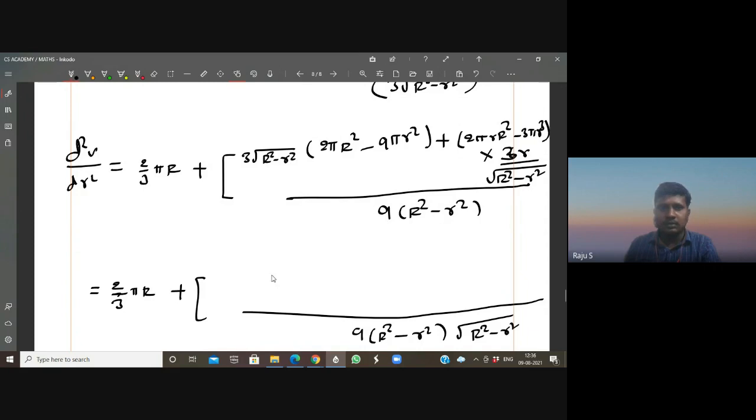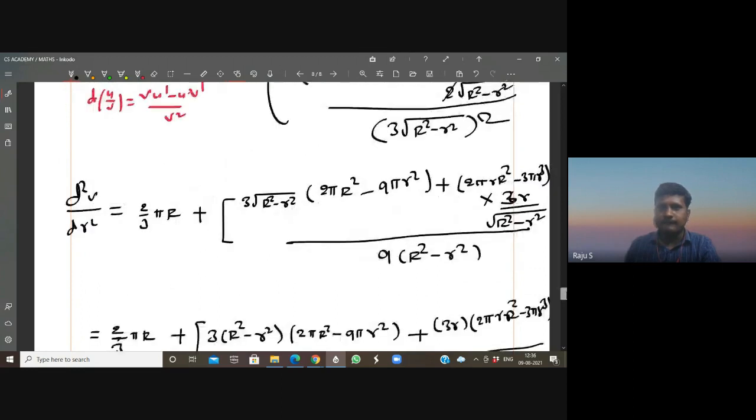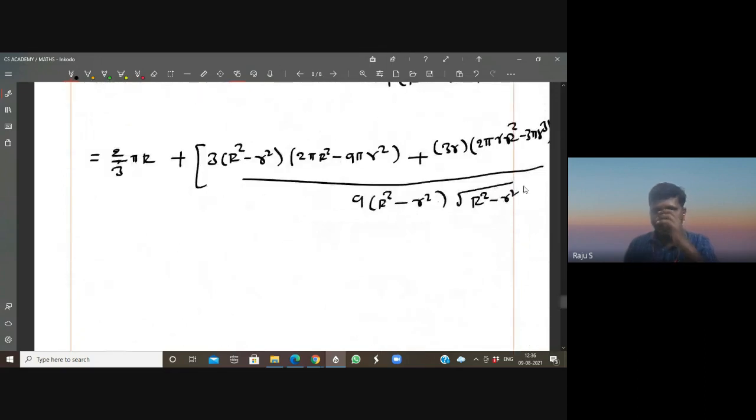So when I take LCM here, 3 times capital R square minus small r square will get into 2 pi capital R square minus 9 pi small r square, plus the remaining 3r into 2 pi r capital R square minus 3 pi r cube. Okay, this is finally. So is it clear? Now you can multiply all this numerator.